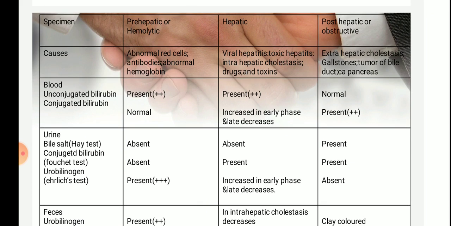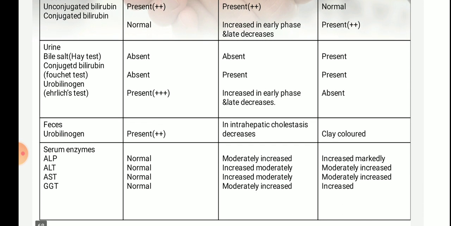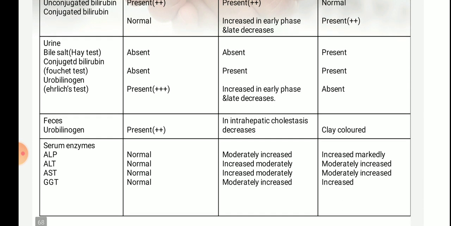The blood conjugated bilirubin values, the urine bile salt values, where all it's absent, which all diseases are present, Fouchet's test, Ehrlich's test. So this table is very important here. It impresses the examiner if put in your answer sheets.